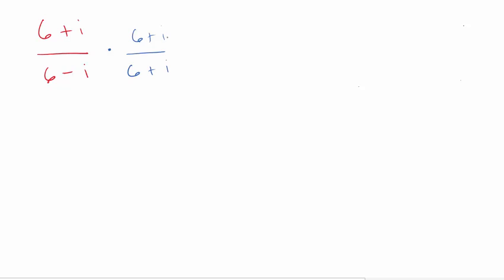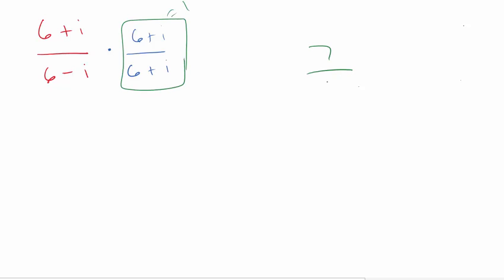And why is it that we could do this without changing the value of this fraction? It's because (6 + i) divided by (6 + i) is the same thing as 1. So we're multiplying (6 + i) divided by (6 - i) times something that is essentially equal to 1.